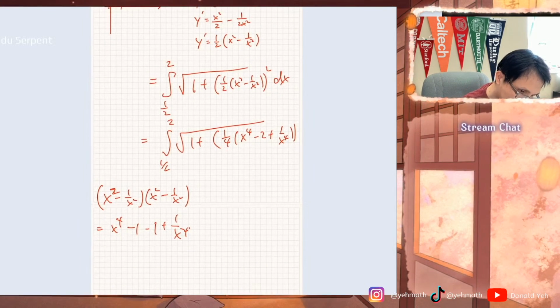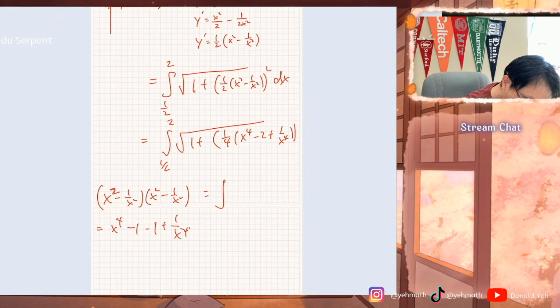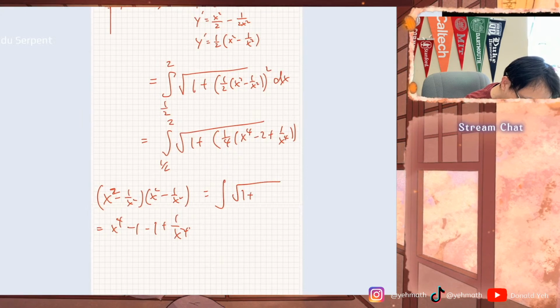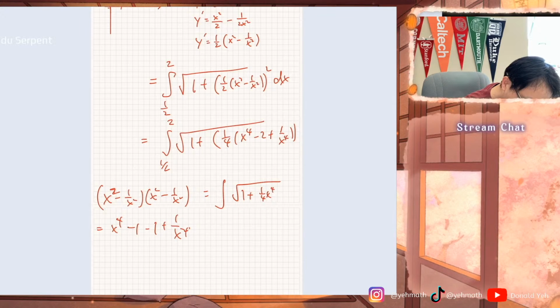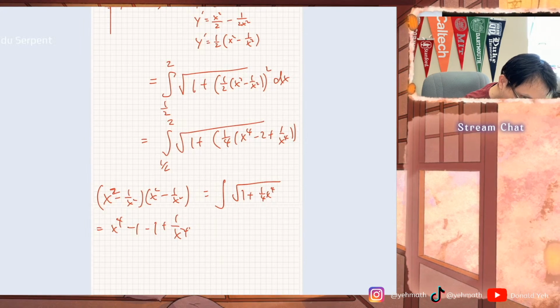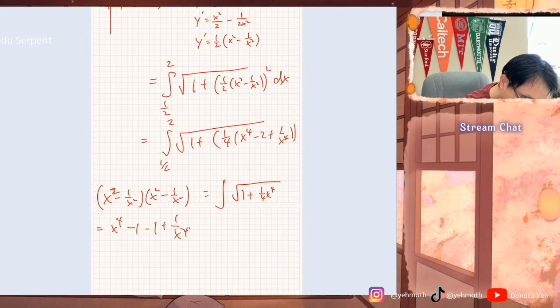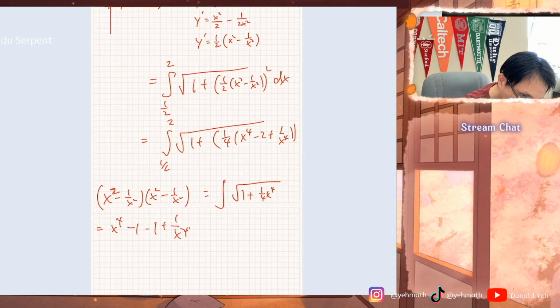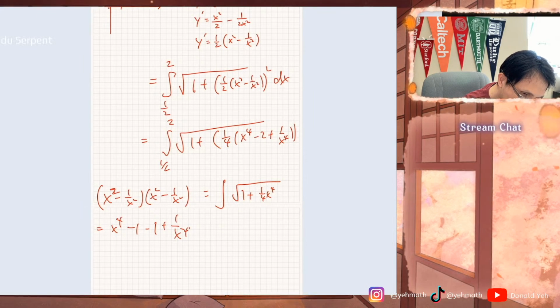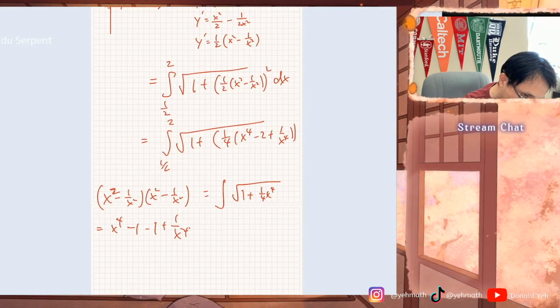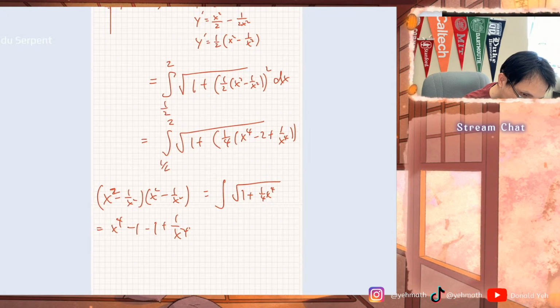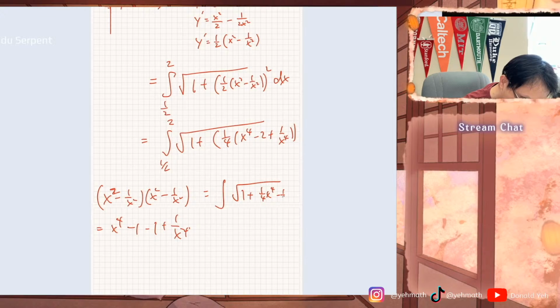I'm going to distribute this, right? So that's equal to square root 1 plus 1 over 4 x to the 4th. And then this one is going to be what? 1/4 times minus 2 is minus 1/2.